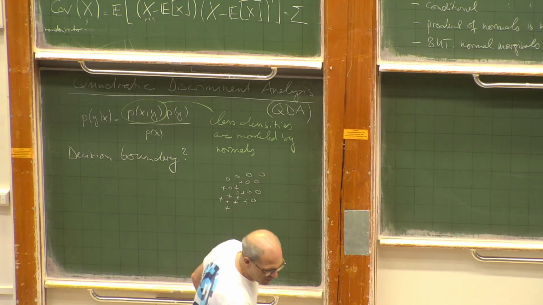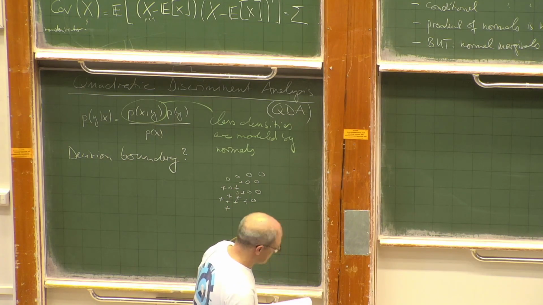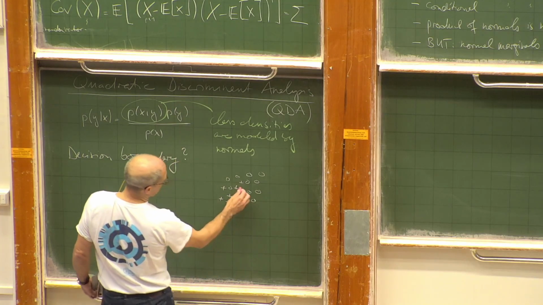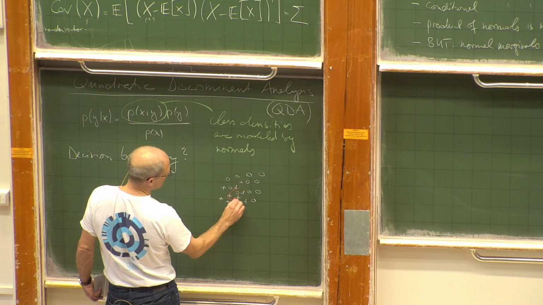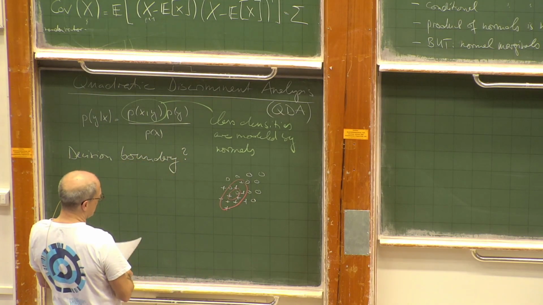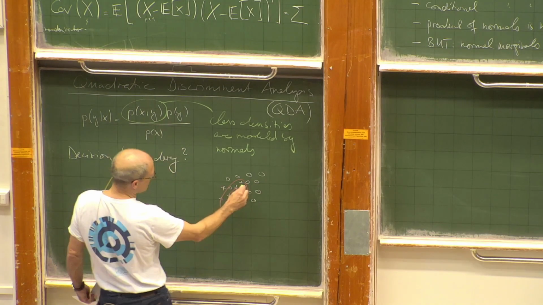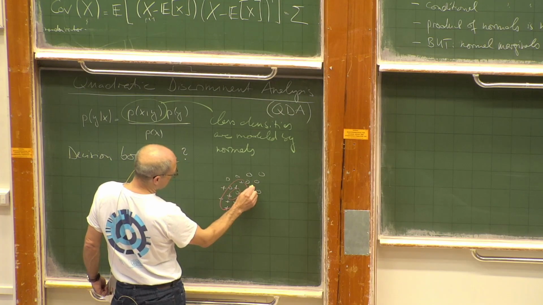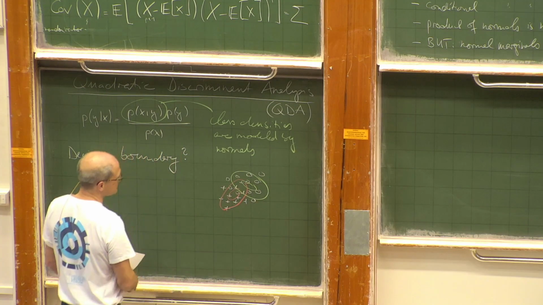And what happens is that we try and model this one, let's say the crosses, with a Gaussian distribution, and we try and model the circle class with a Gaussian distribution. So I'm finding the mean, I'm estimating the covariance matrix, and I pretend it looks something like so.